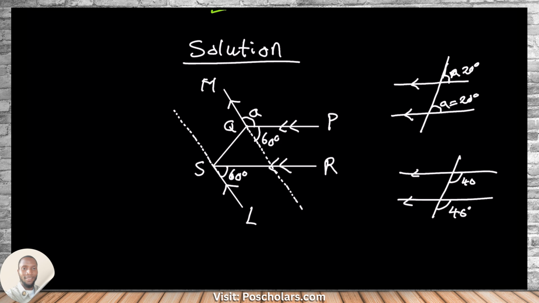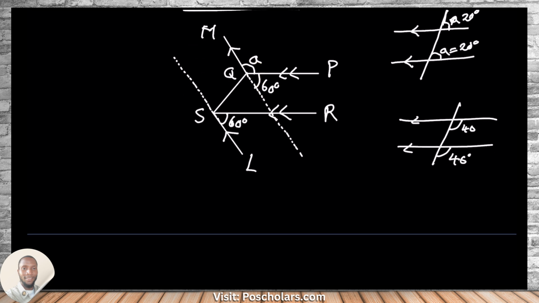Good. Next, if you check this line, you see that this line is a straight line. It's a straight line, and the sum of angles on a straight line is what? 180. It simply means from here to here is what? 180 degrees. So I can write A plus 60 degrees must be equal to 180 degrees, right? The mission is to find the value of A. So what do we do? We subtract 60 from the left hand side and right hand side.